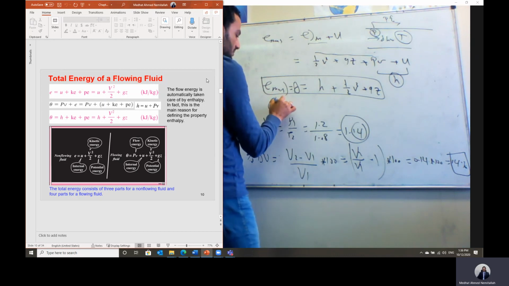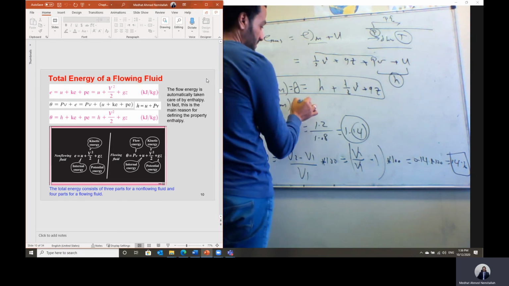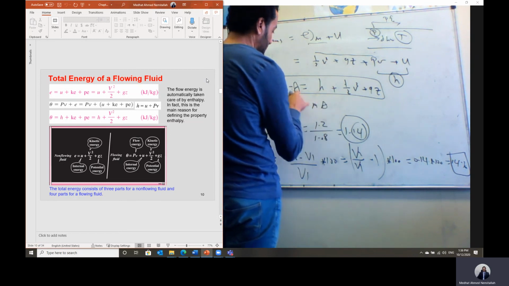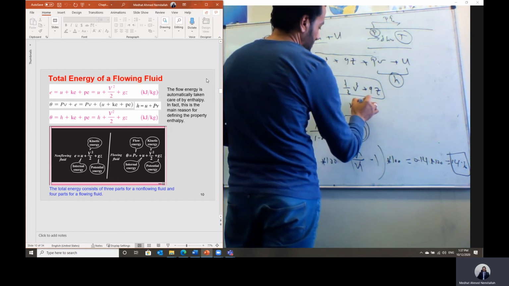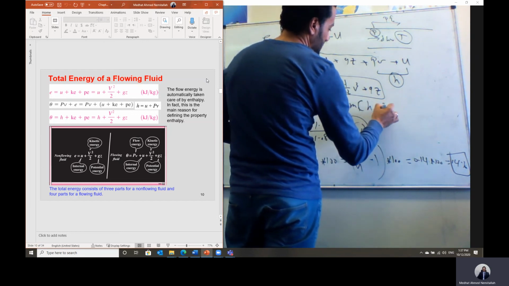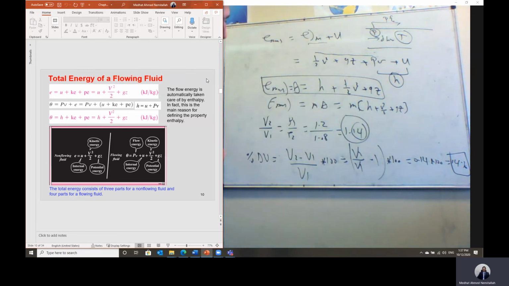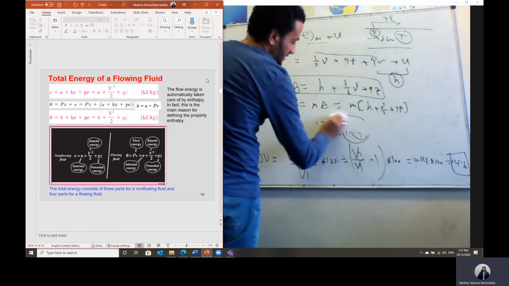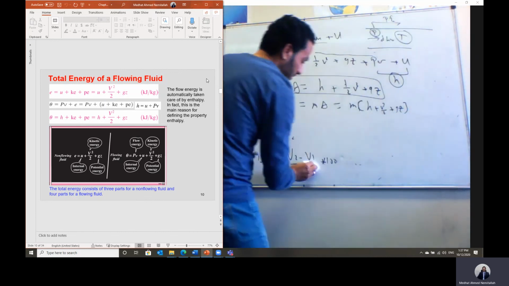Or we can say the total energy transfer due to mass transfer will equal mass multiplied by the specific energy, theta. So it will equal mass multiplied by enthalpy plus kinetic energy plus potential energy. Also we can write down the rate of energy transfer by mass, E dot.